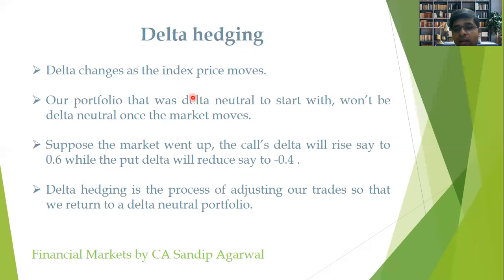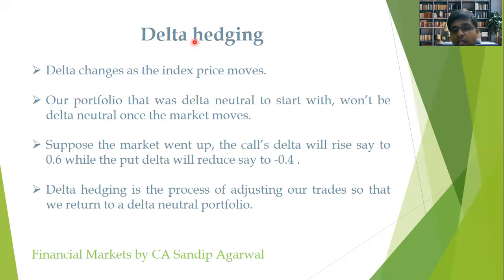As I explained earlier, the delta of an at the money call option is plus 0.5, it's positive, whereas the delta of an at the money put option is minus 0.5. If we add the delta of both the at the money call and the put option, the delta is 0. This is called delta hedging.